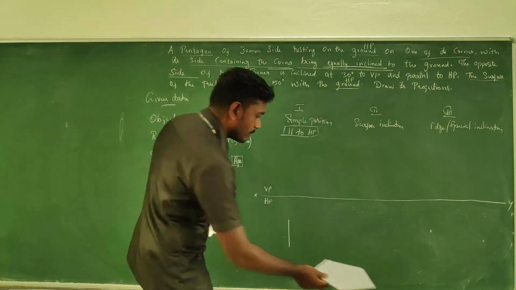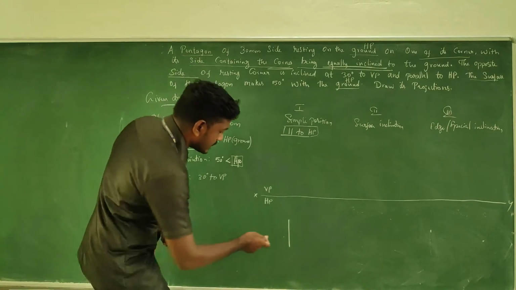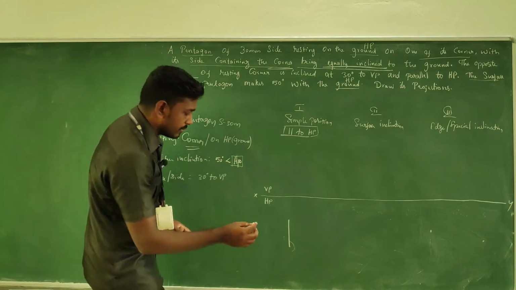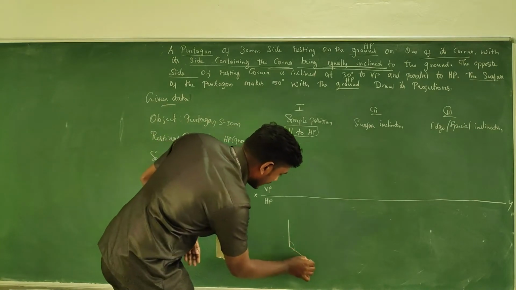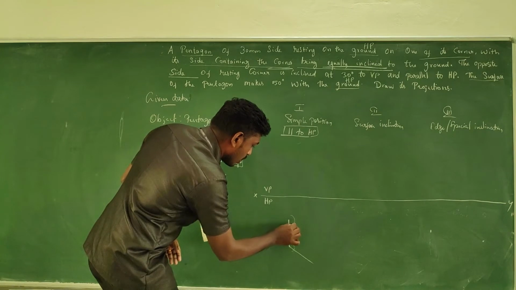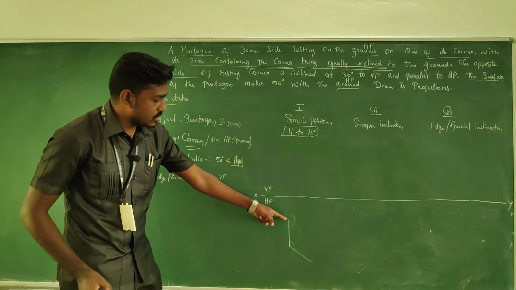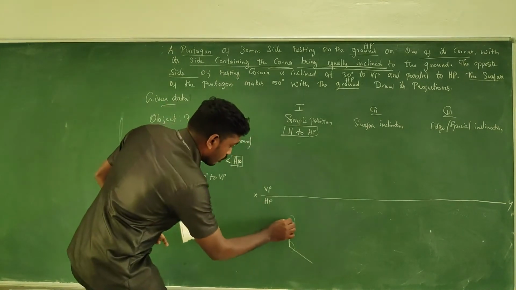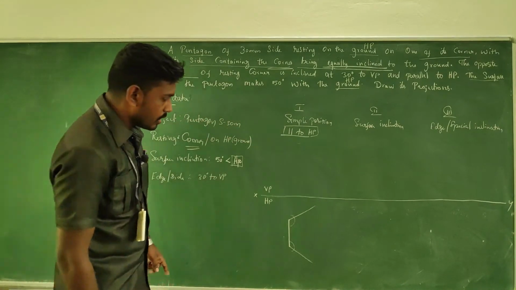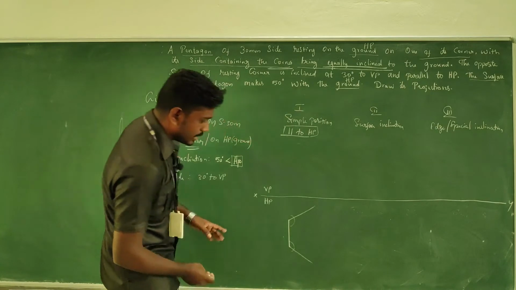With the concept, I'm going to keep the protractor at this end, something like this, and I'm going to measure 108 degree. Okay, and as well I'm going to keep the protractor here at this opposite end and measure 108 degree and have a line. Okay, so something like this you will get.